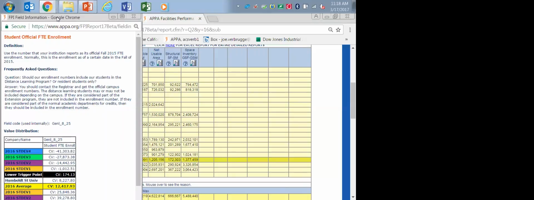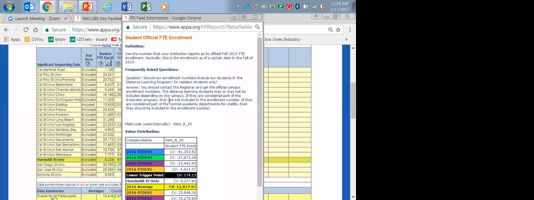If you ever need to get down to the theory of what's being collected and how information is being calculated, I think it's overly complicated the way they've described it here with the value distribution down below, but it at least gives you a base level definition of the information that's being calculated. And if it's a calculated field, it'll tell you how it's being calculated. So that question mark is valuable when you're doing your own analysis to best understand where that information is coming from.